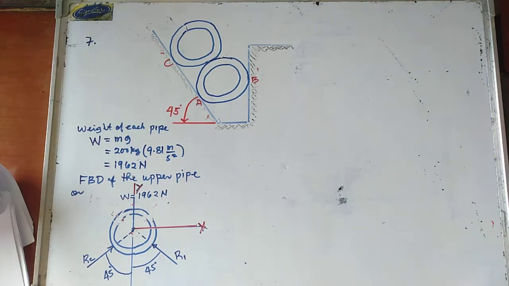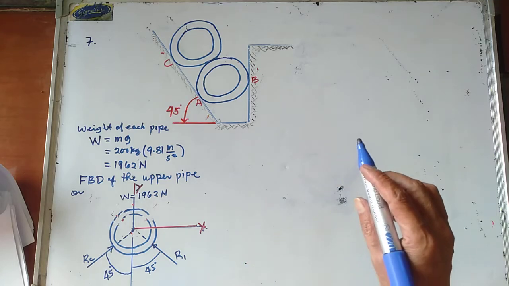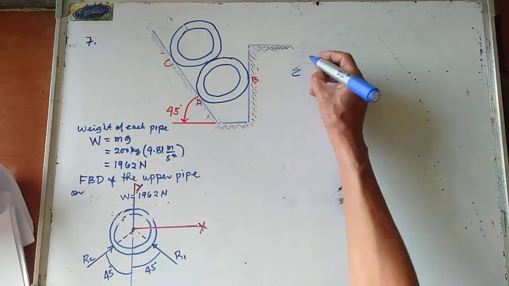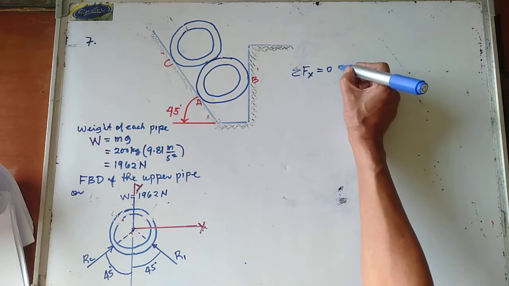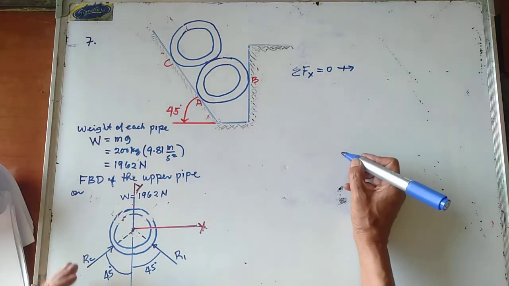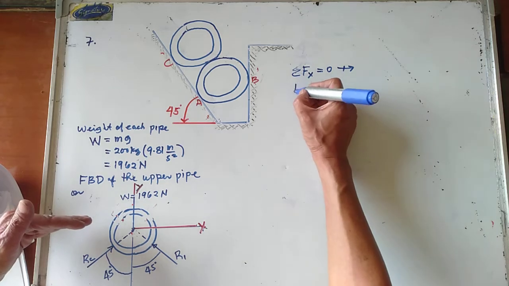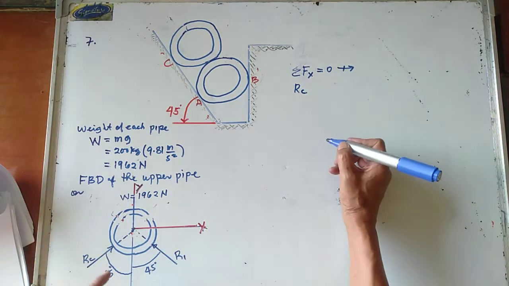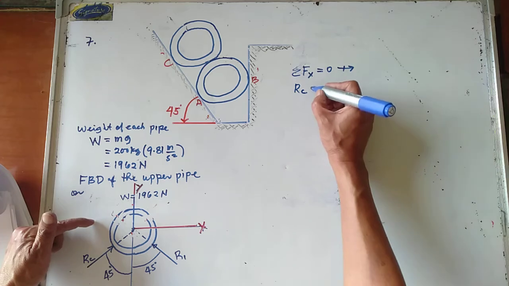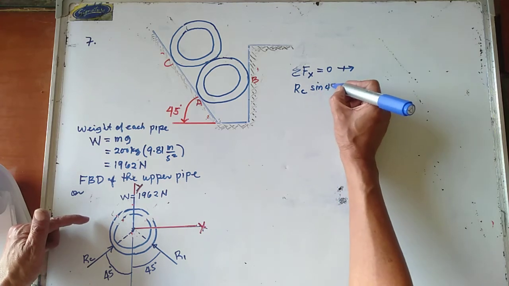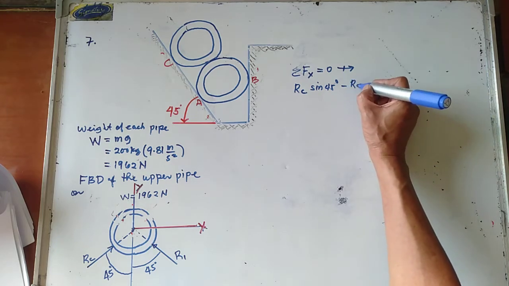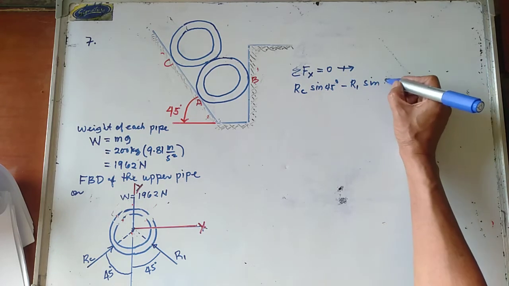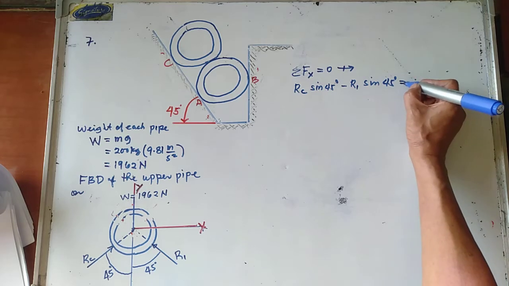If you are going to take summation of forces, summation of forces along the x is equal to 0, to the right forces positive. So we have RC sine of 45 degrees minus R1 sine of 45 degrees is equal to 0.